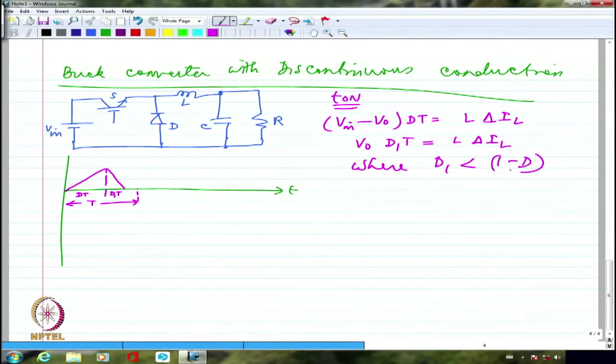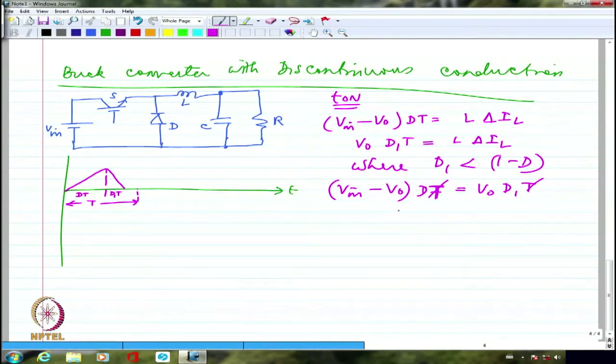So now I have to equate these two. So I should say V in minus V naught multiplied by dT equal to V naught into d1T. So I can write this as V naught into d plus d1 equal to V in into d.